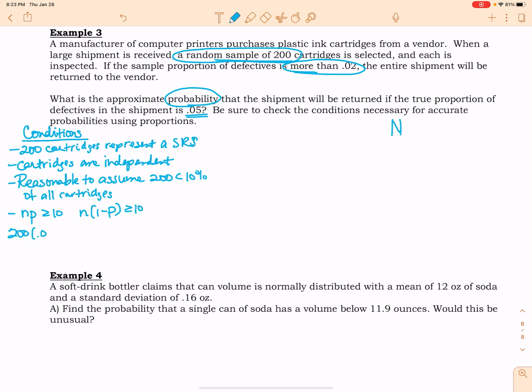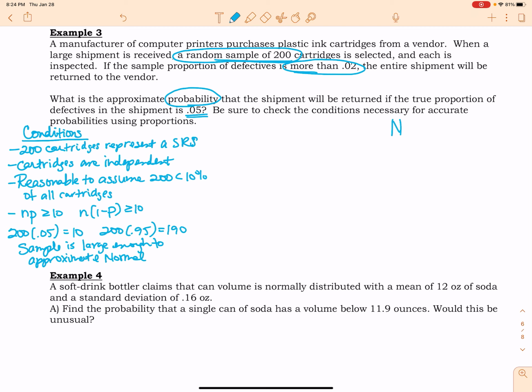So 200 times 0.05 is going to give me 10, and 200 times 0.95 is going to give me 190. So the sample is large enough to approximate normal. Awesome.